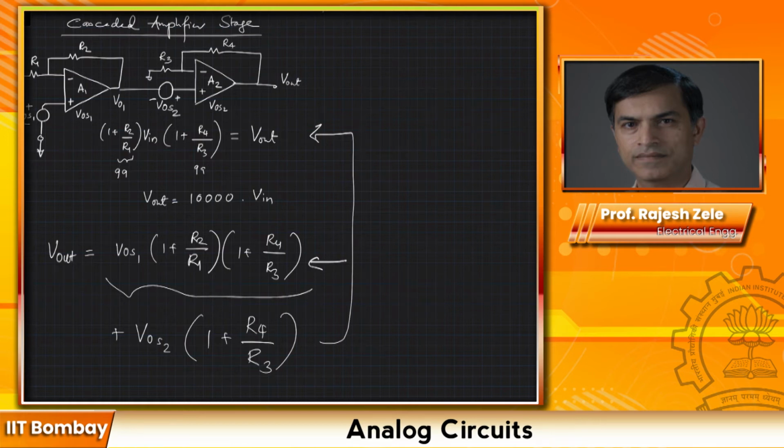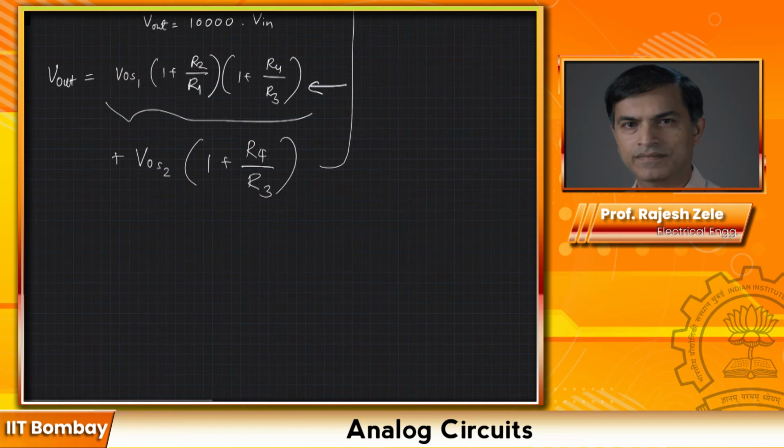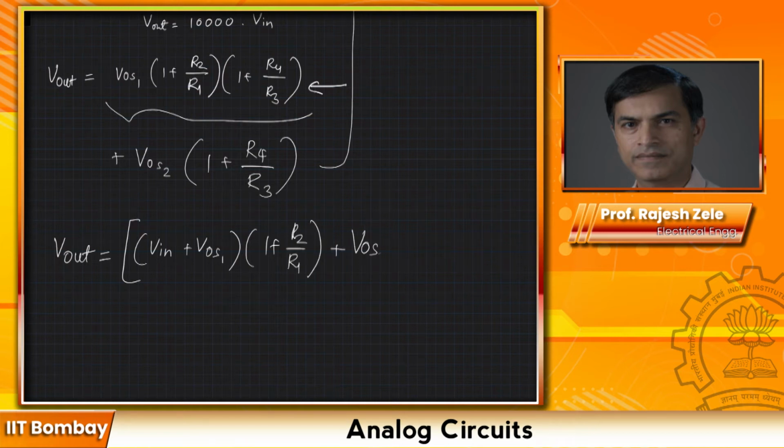Okay, so now we can add these three terms together, and then you can see that the equation will look like this. V out is equal to V in plus VOS1 times 1 plus R2 divided by R1, plus VOS2, and multiply by 1 plus R4 divided by R3.